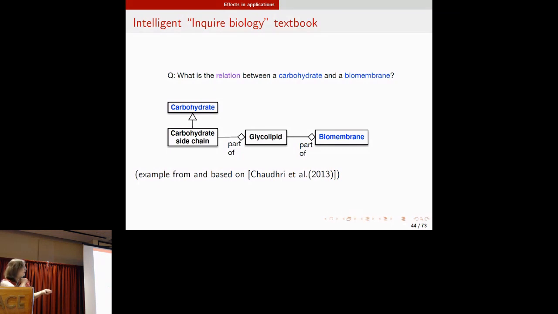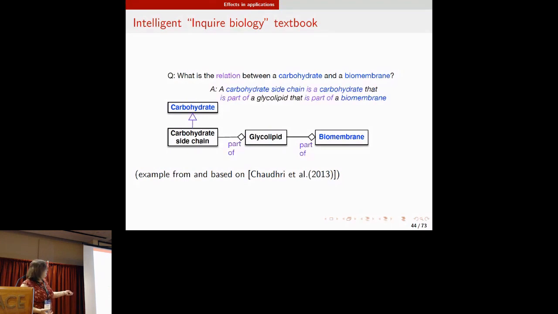And then the answer can automatically be generated purely by using verbalization of ontologies, the axioms basically, because we have our path here and just verbalize the path, and that automatically can give our answer. Carbohydrate side chain is a carbohydrate, that is our subsumption here. That is part of a glycolipid, that is part of a biomembrane. And then that gives some notion of active learning to the student as well. So that looks nice as an application in the life sciences.